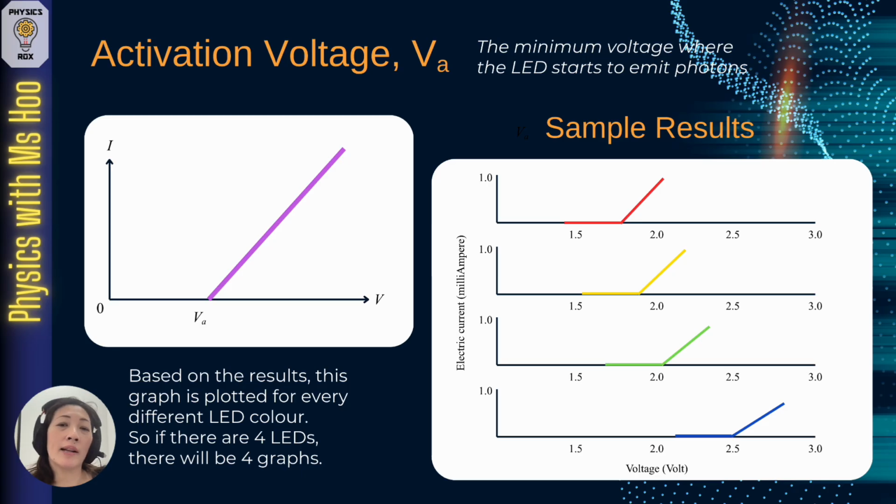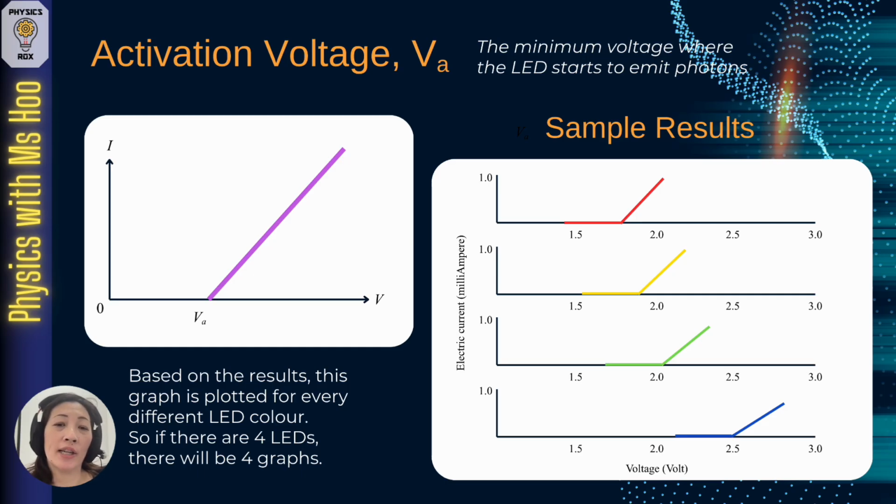Now, just because we connect the terminals in the correct direction does not guarantee that current can flow. Diodes and LEDs actually have quite high resistance, and a certain amount of voltage is needed to force the current to flow through the diode. The minimum voltage needed to overcome this resistance and to start getting the current to flow is known as the junction voltage in a diode, or in this case, you can think of it as equal to the activation voltage.